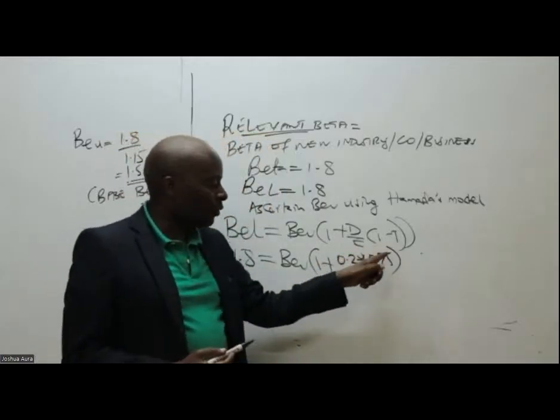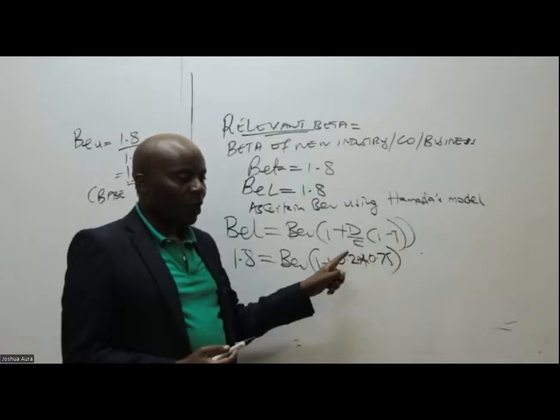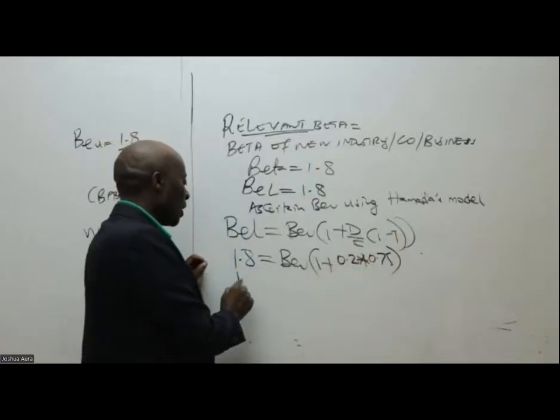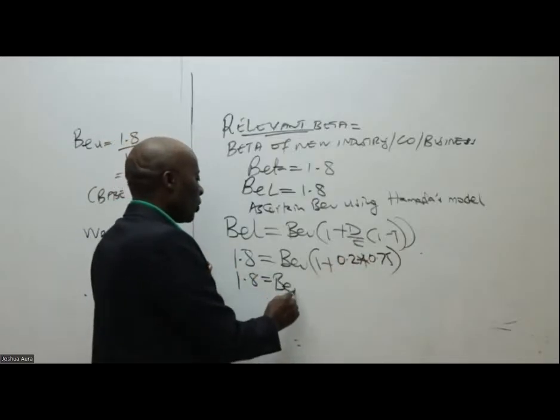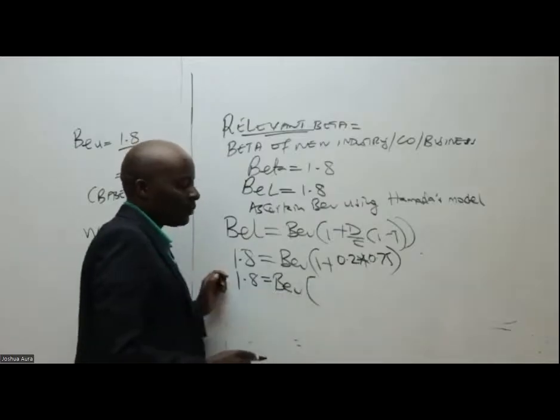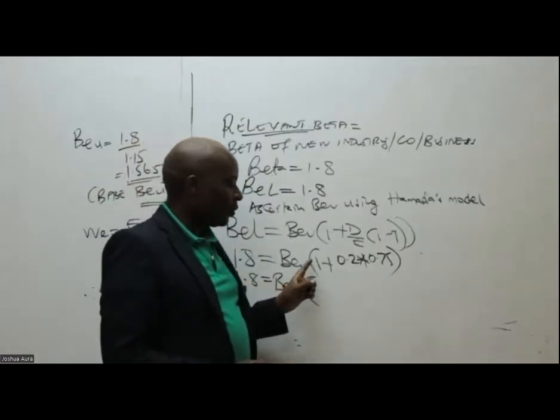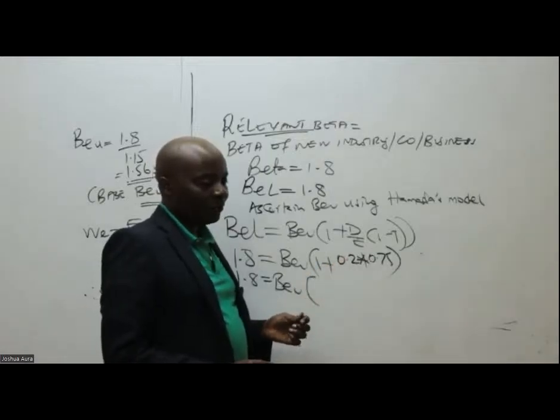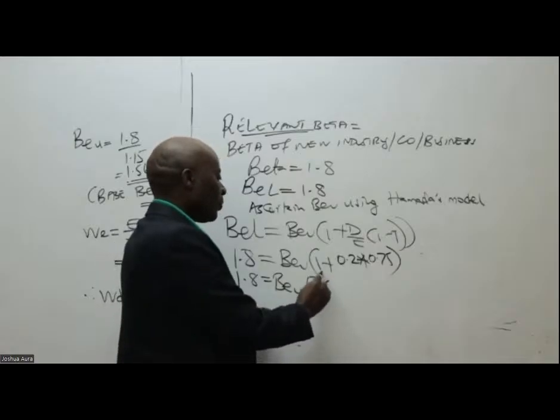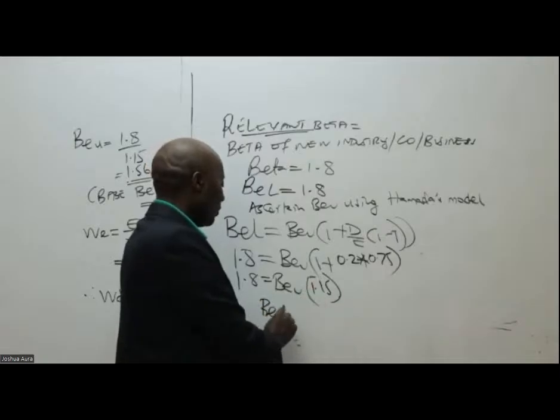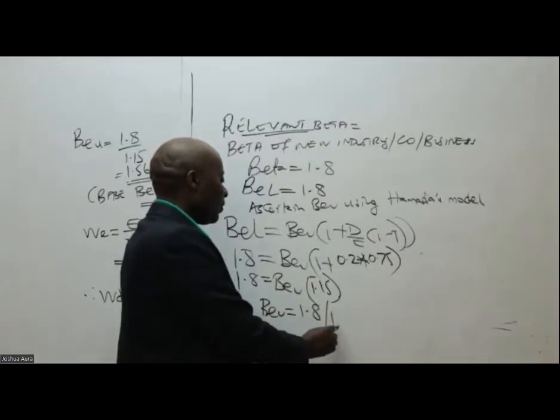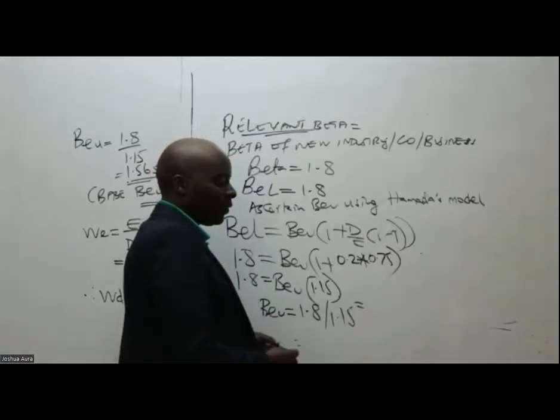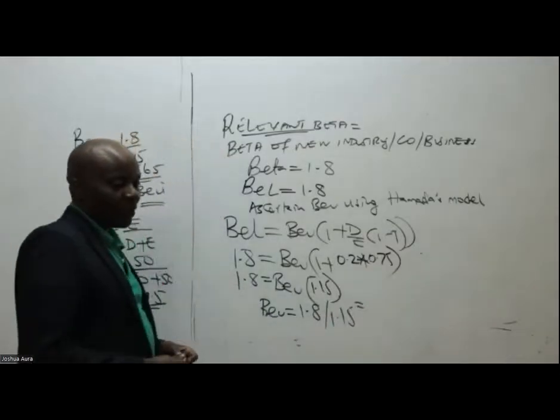Could you guys kindly give me what we have in brackets? 1 plus this times that. What do we have in brackets? 1.15. So if I make BEU the subject, it will be 1.8 divided by 1.15, which gives me the same answer as the one that you had obtained.